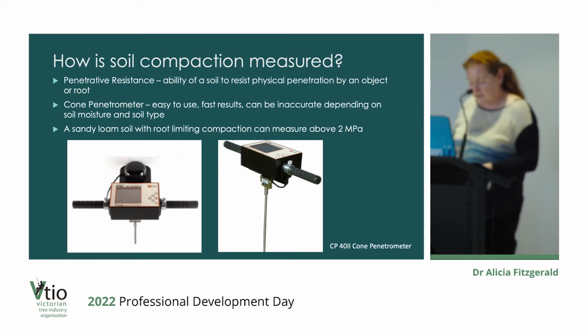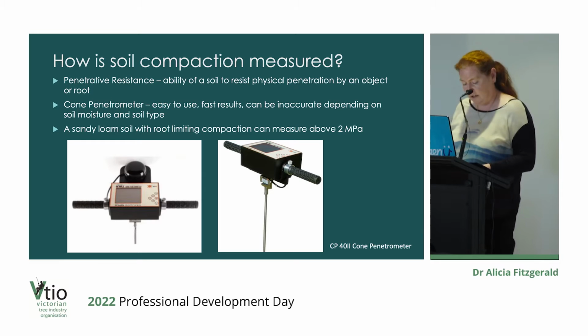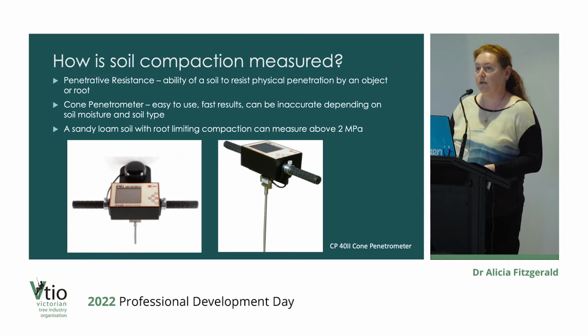A limitation with this method is that the readings are susceptible to soil moisture and soil type. For example, a soil with low compaction, when dry, could have a high resistance reading, and a compacted fine-grained soil, when saturated, could have a low reading. So for this method, a sandy loam with a root-limiting compaction can measure about 2 MPa.